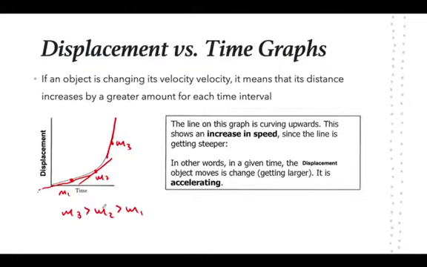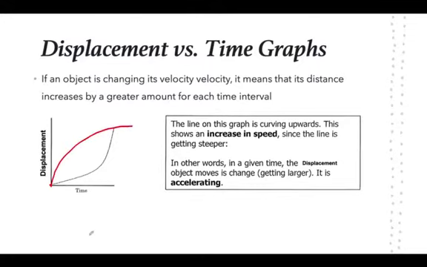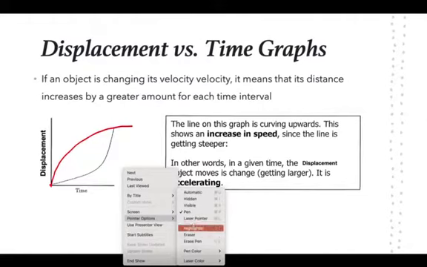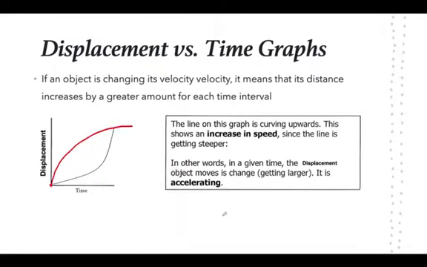Now, what if we had a graph of displacement versus time that looked like this? Okay, then I could also see that the time interval on each... if I do the same time interval here, I would have this change in displacement.